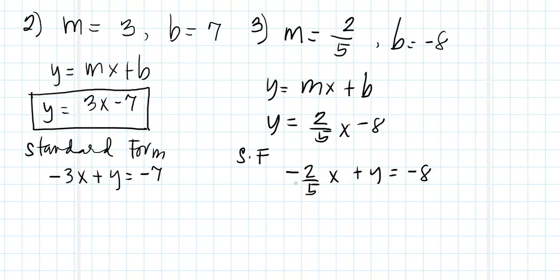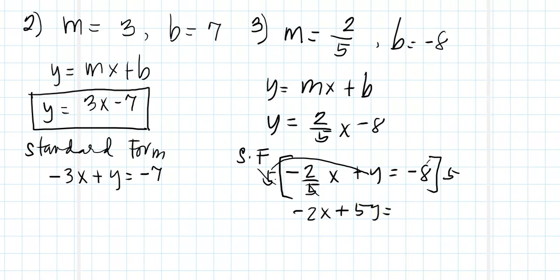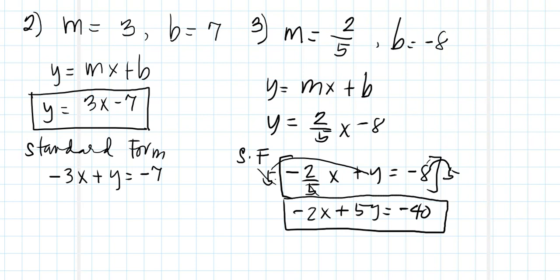Since in the standard form there is no denominator, we will just multiply the whole equation by 5 in order to remove it. So 5 divided by 5 is 1, times -2x, plus 5 times y is equal to -8 times 5, which is -40. So this is now your standard form.